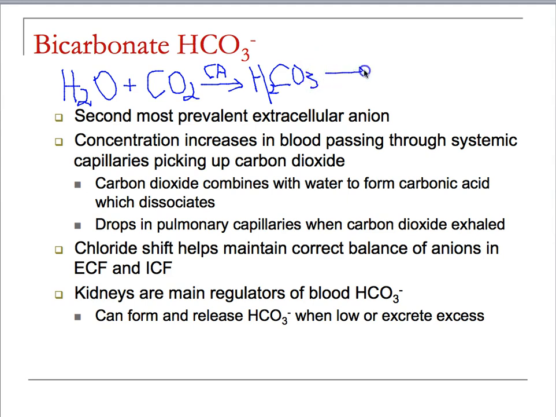And that spontaneously dissociates into H plus and HCO3. And now you are reminded once again where bicarbonate comes from. It comes from excess carbon dioxide. So it's the second most prevalent extracellular anion, and what it's going to do is pick up carbon dioxide. We form that carbonic acid.